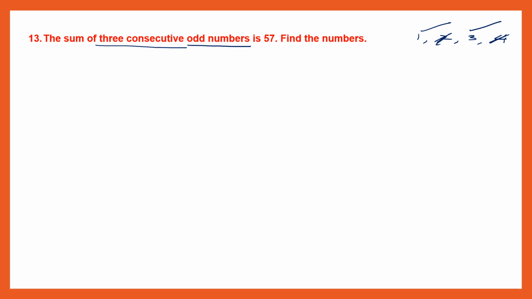So in that case, the numbers will be x, x plus 2. Why are we saying x plus 2? Because we are skipping out one number. We are leaving out one number and going to the next. x plus 2. Then again we are leaving out one number and going to the next one. x plus 4. So the three consecutive numbers here are x, x plus 2 and x plus 4.